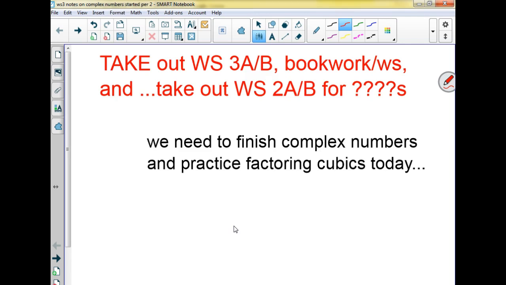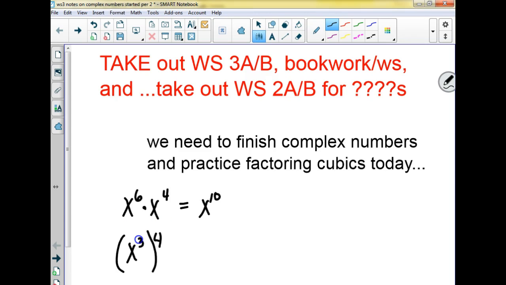This is what I want to talk about real quick, just as a review. If it said x to the 6th, this is a warm-up question here, times x to the 4th, that would be what, guys? x to the 10th. Everybody okay with those rules? If it said x to the 3rd to the 4th, it would be what?